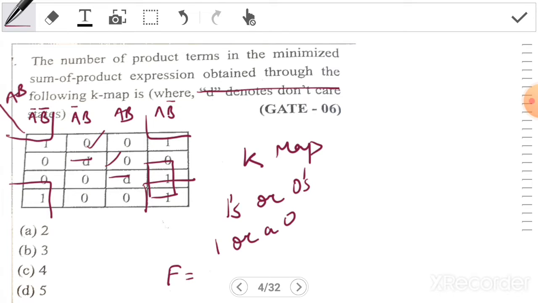AB here and CD here below. So C complement D complement, C complement D, C D complement and CD.